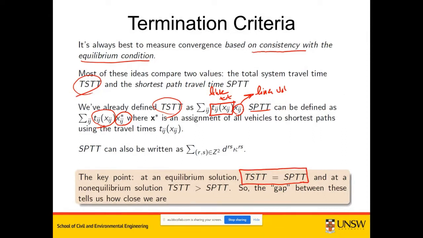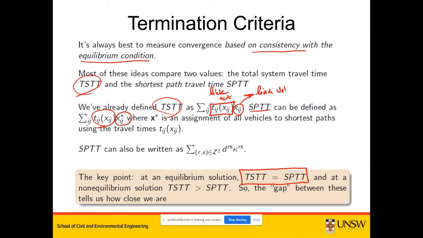Because again, at the equilibrium, we said people have minimized their travel time. So if we are at the equilibrium point, everyone in the network is happy about their routes. That means they have found the shortest path for themselves. So the total system travel time must be equal to the shortest path travel time.